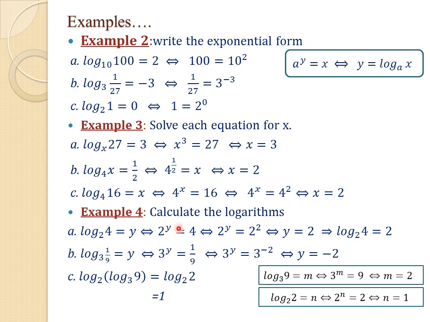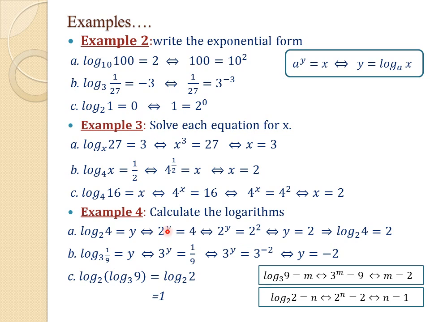In example 4, calculate the logarithms. I have this logarithm, logarithm 4 to the base 2. We want to calculate it. So I need to make the value equal any expression, say y. Thus then 2 power y equal 4. And now I will solve using the exponential expression.